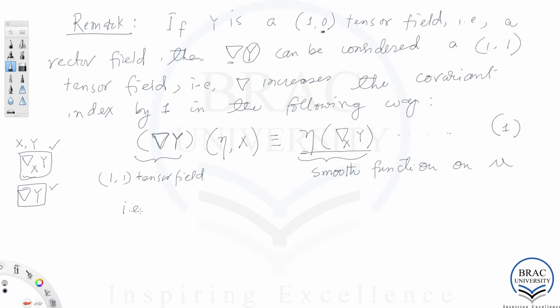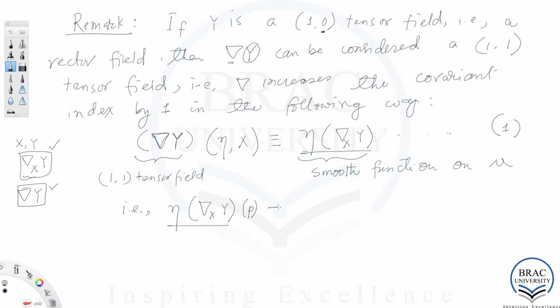That is, eta of nabla x y. This is a real valued smooth function on the manifold, and acting at the point P on the manifold it should give us a number, right?